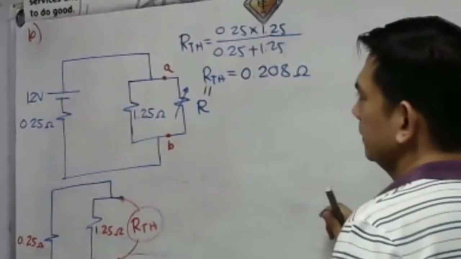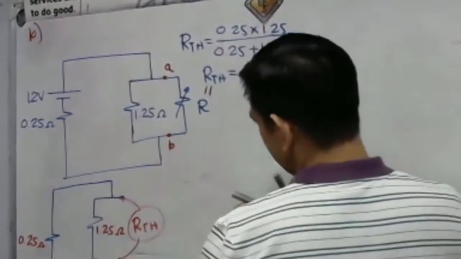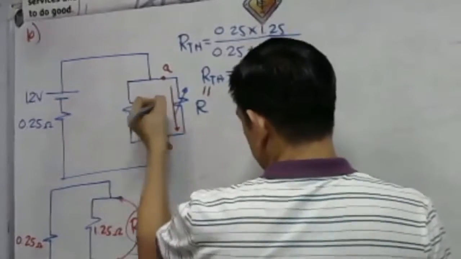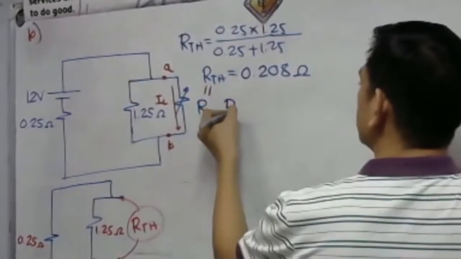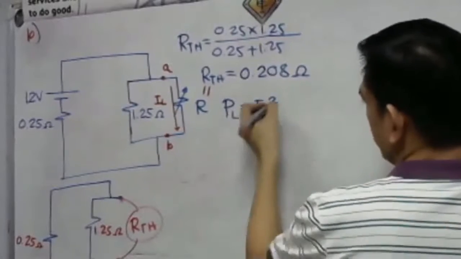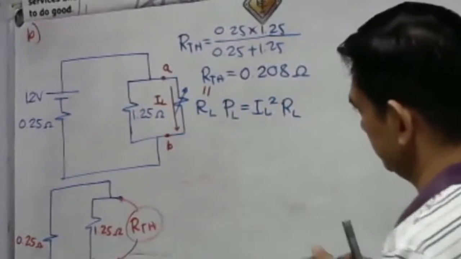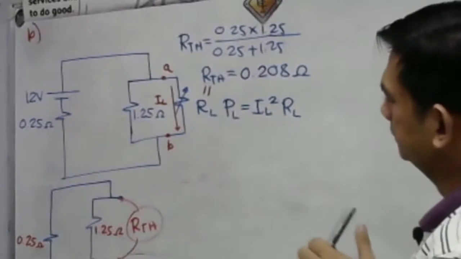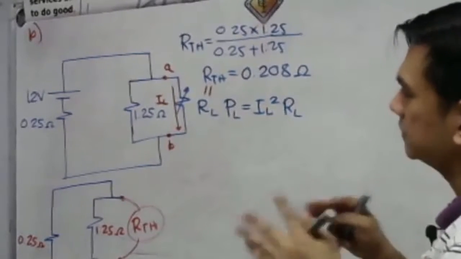Then, to get the maximum power, we have to calculate the current here. Let's say this is our IL. Of course, our maximum power, PL, is simply equal to IL squared multiplied by RL. If this is our RL, our load resistance. Of course, we have to calculate for our IL here. What is our IL? Let us have first our total resistance.